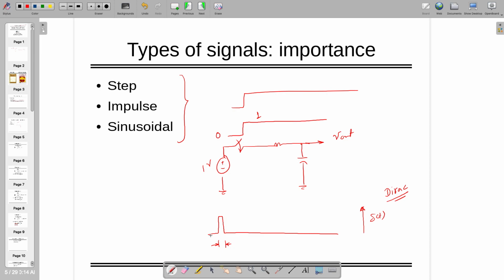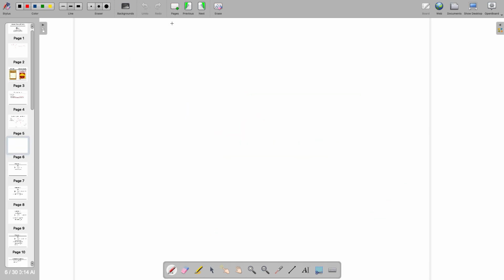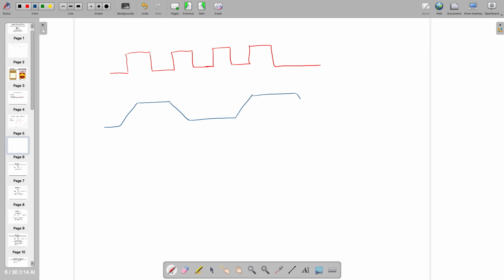Hello. Yeah. So generally, why this is very important is, if you are talking about, let's assume that you talk about a square wave. When you are drawing this, it looks like this one. But maybe in a laboratory, when you are going, it looks like this one. If you zoom in, you will find that your square wave is not a square wave, but a little bit of ramp and then the high value and low value, right?